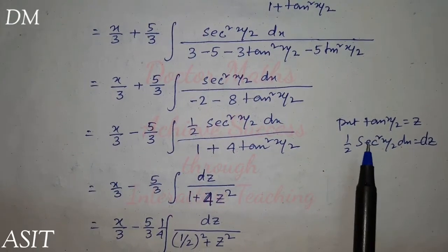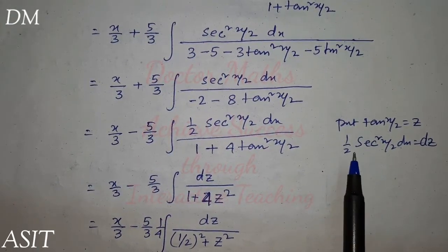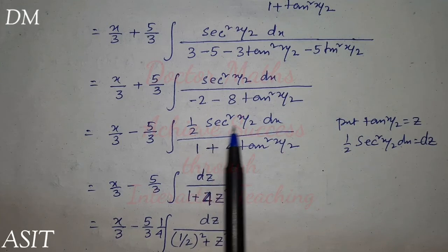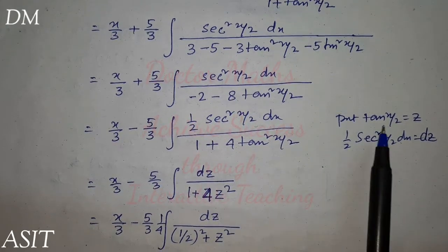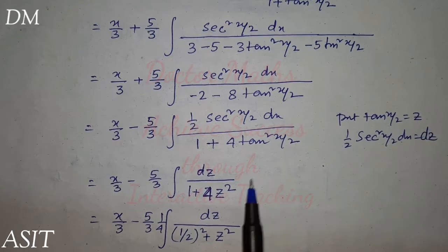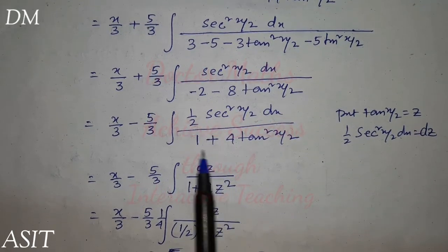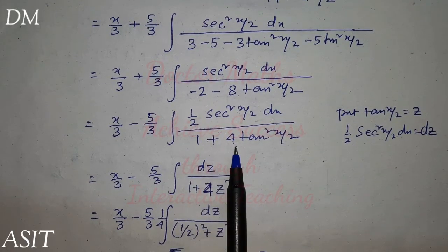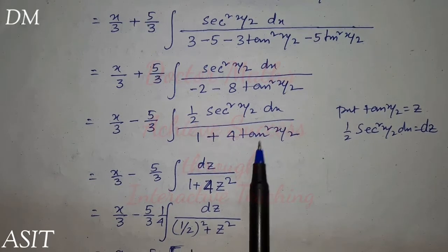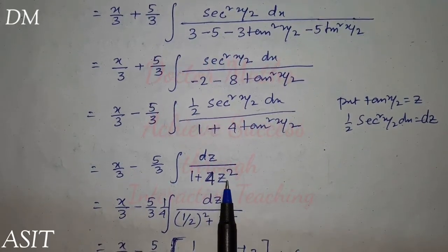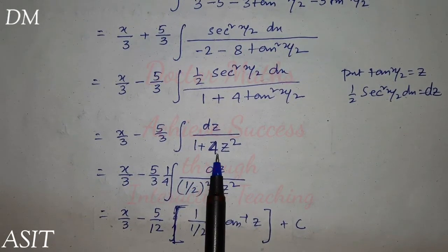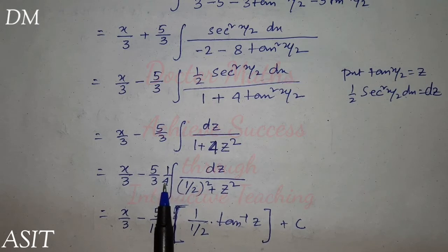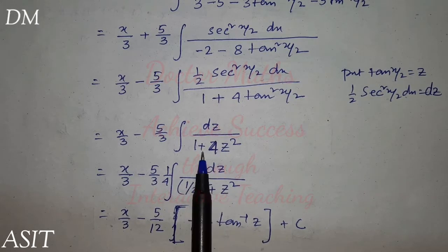Now I will replace 1/2 sec square x/2 dx as dz, and all the tan x/2 will be converted to z. So that means we can write 1 plus 4z square. Now here what we can do, we will take common 4. So 1/4 will go outside because this 4 is in the denominator.